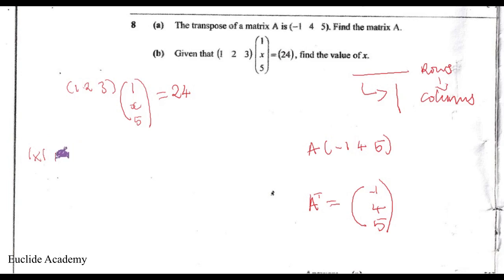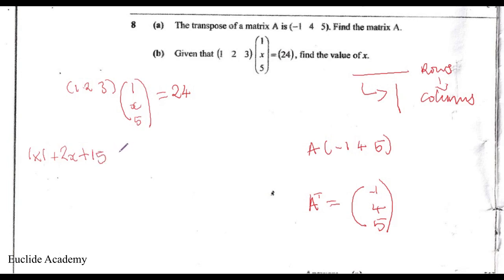Then next, we say plus. We add the second value of the row multiplied by the second value of the column, which is 2x, right? Plus the third value of the row multiplied by the third value of the column, which is 3 times 5. That should give us 15.